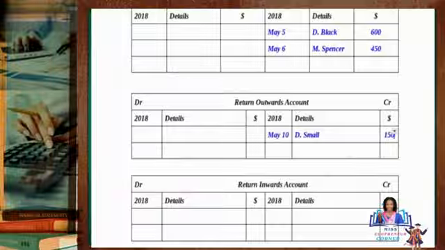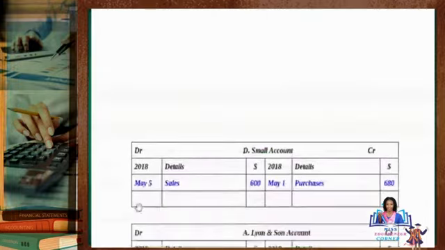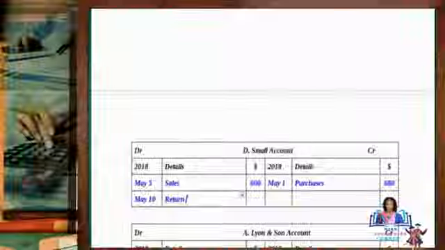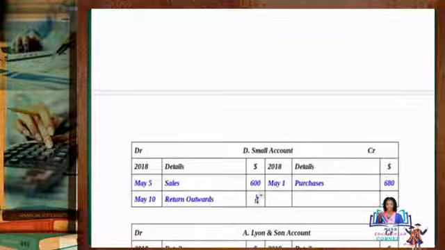And then we need to go to D Small's account and we need to make a debit entry to show a reduction in the business's liability. So on May 10, return outwards, $150.